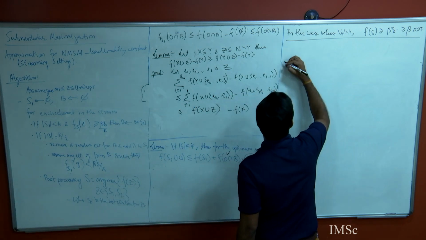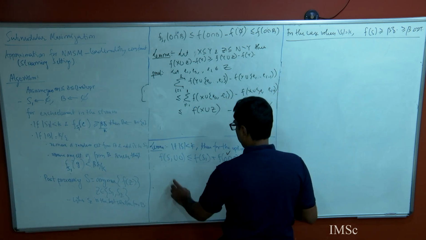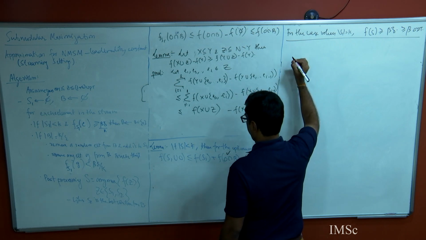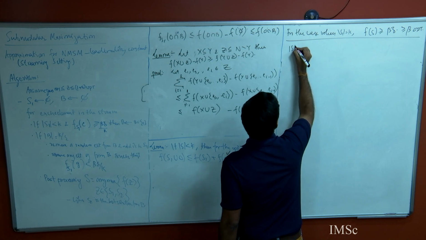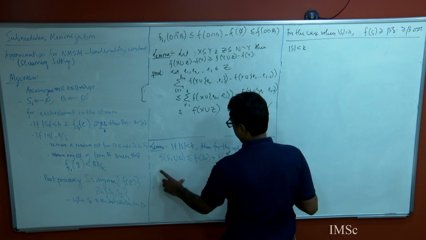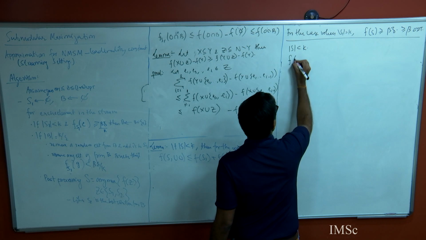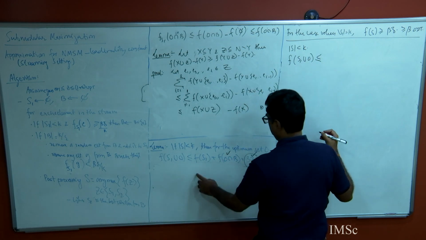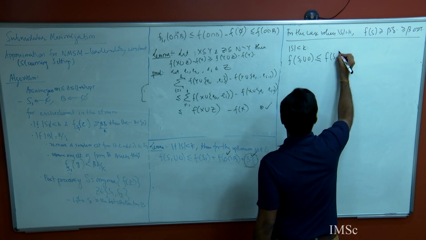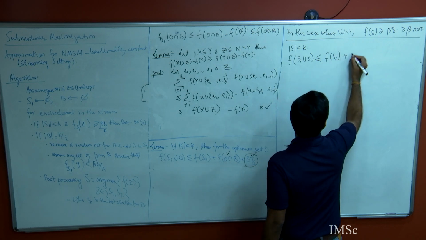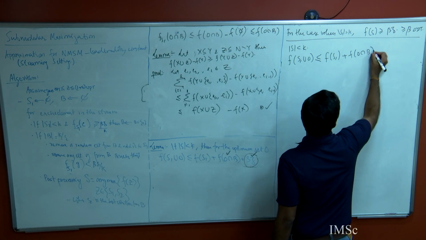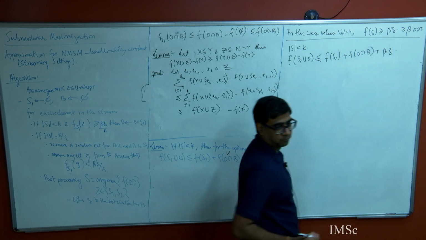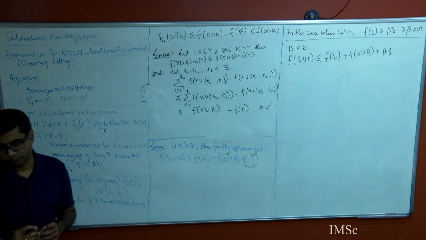Now mod S is less than or equal to K, and from here we can say f of S1 union O is less than or equal to f of S1 plus f of O intersection B plus beta times Z. This we proved.